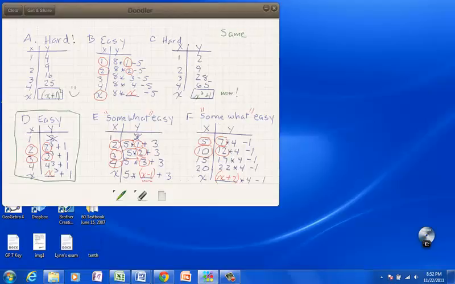So the reason that C is hard and D is easy is that D includes expressions on how to get to the answer. C includes just numbers. Whenever you fill up a table with just numbers, without their expressions, you're creating something that's hard to come up with a formula for.